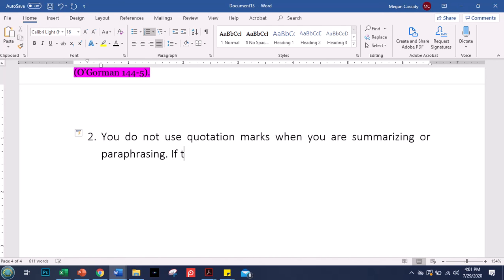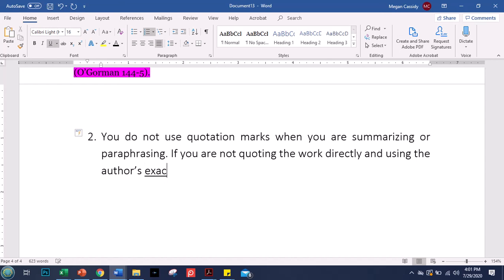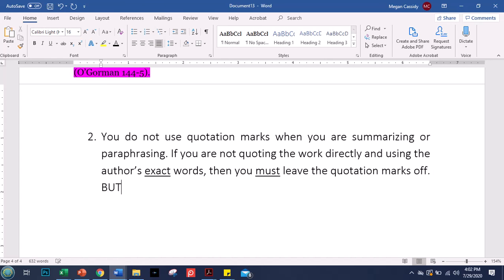So, if you are not quoting the work directly and using the author's exact words, then you must leave the quotation marks off. But you still need a citation.